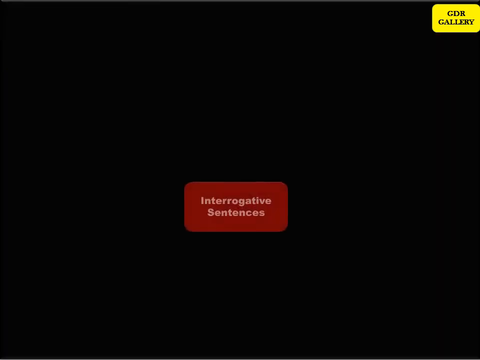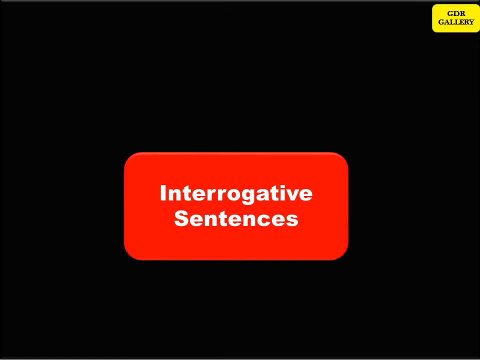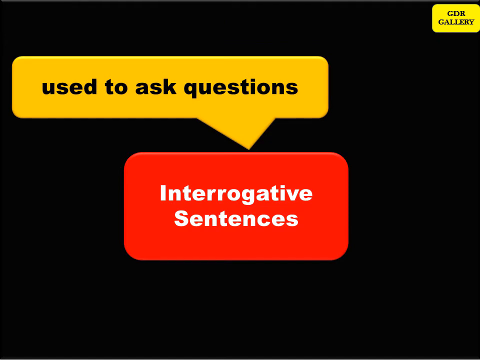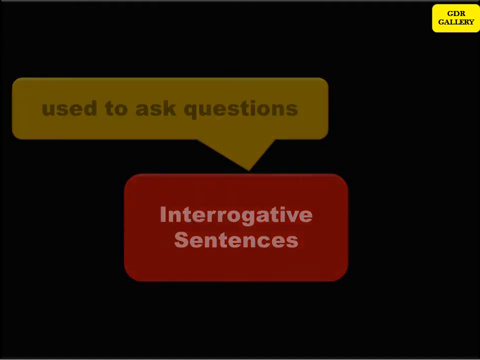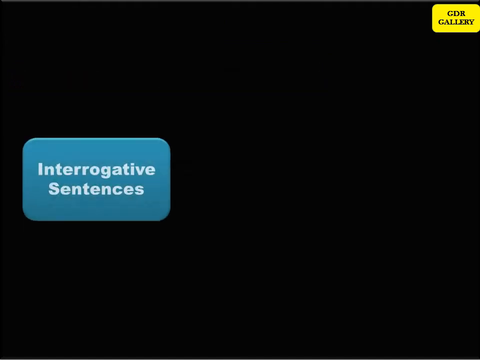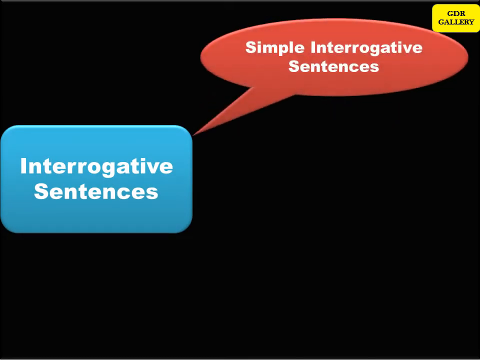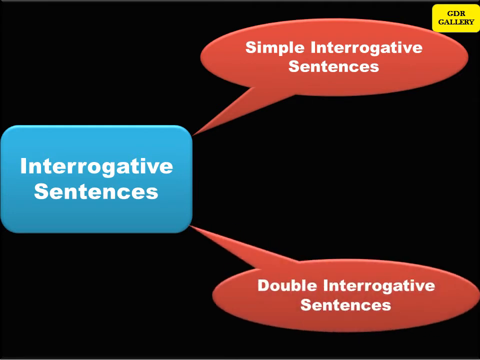Now let us know what are interrogative sentences. Sentences that are used to ask questions are called interrogative sentences. Interrogative sentences can be either simple interrogative sentences or double interrogative sentences.